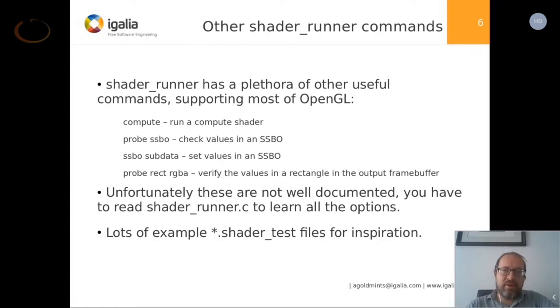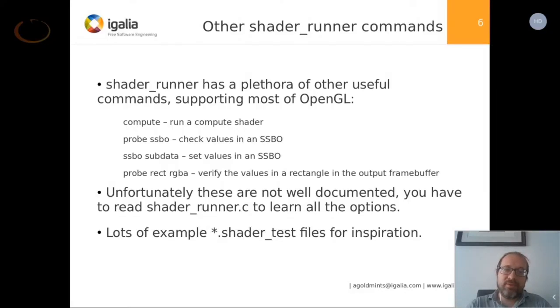Unfortunately, these commands are not particularly well documented, and the only real reference for these commands is actually the Shader Runner source code. There's a giant chain of if-else statements. That's the parser, and that's kind of the only place where you can find all of these commands.